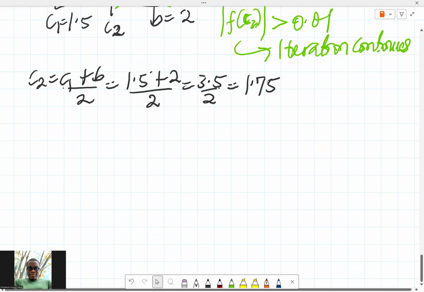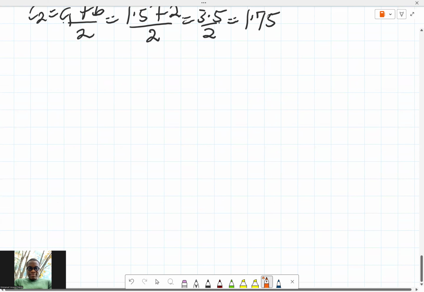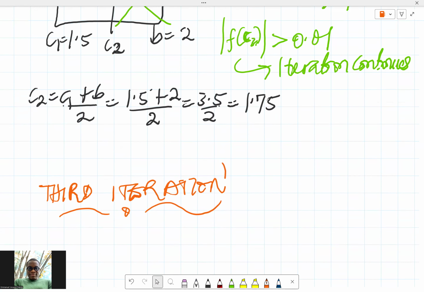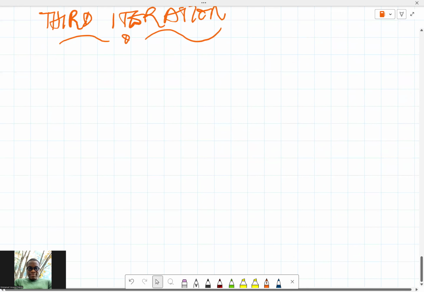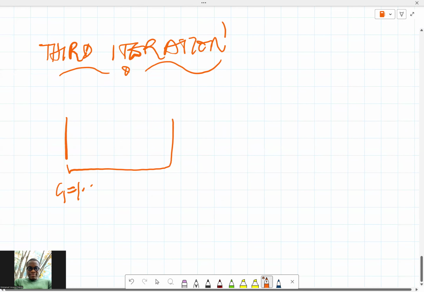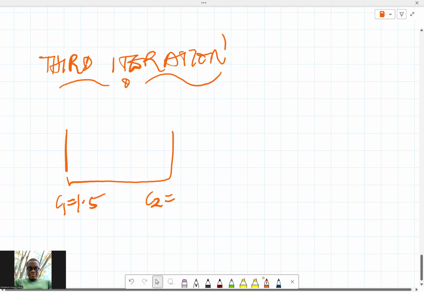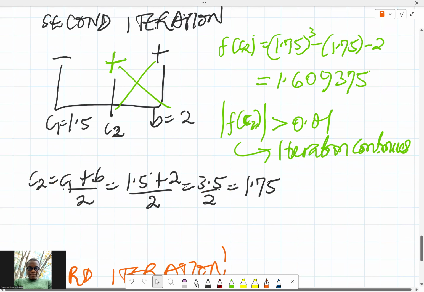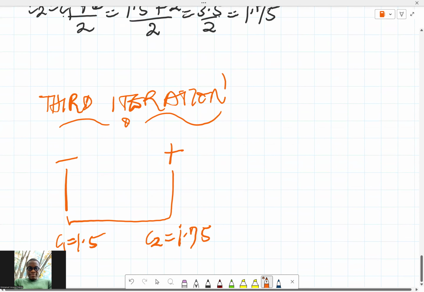So we go again for the third iteration. The solution lies between C1 and C2. C1 is 1.5 and C2 is 1.75. This is minus, this is plus.